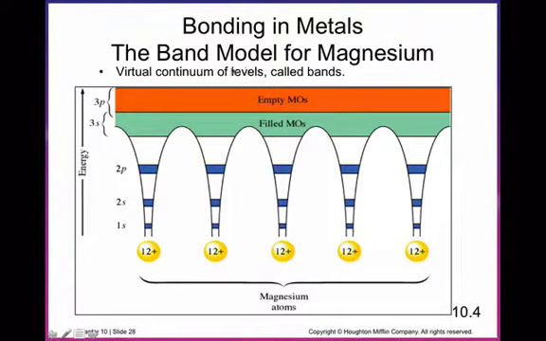The other one that gives you more of an explanation as to why that happens is the band model. Here's the band model for magnesium, and it's using the molecular orbitals. You can see the MOs here. Remember, this is where we take the atomic orbitals and build molecular orbitals when things bond.